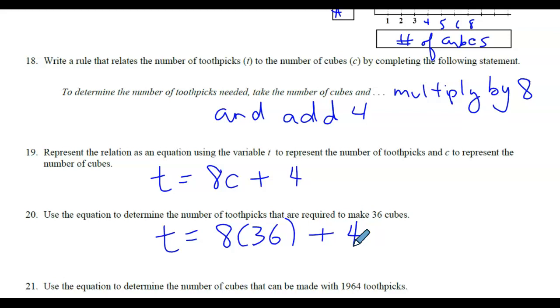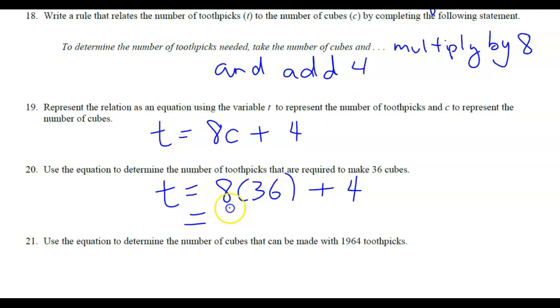Okay, Miles? 292. Yep, looks about right. 292, because 8 times 30 is 240, 8 times 6 is 48, and plus the 4, so 292.